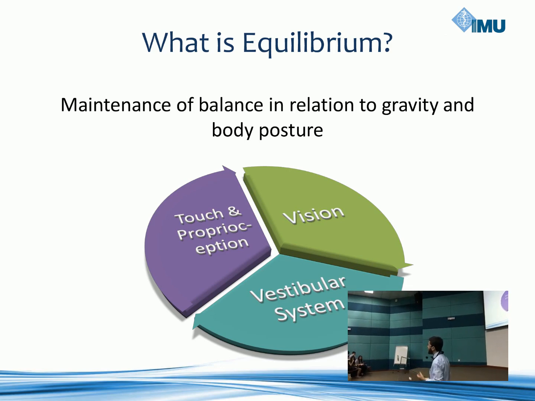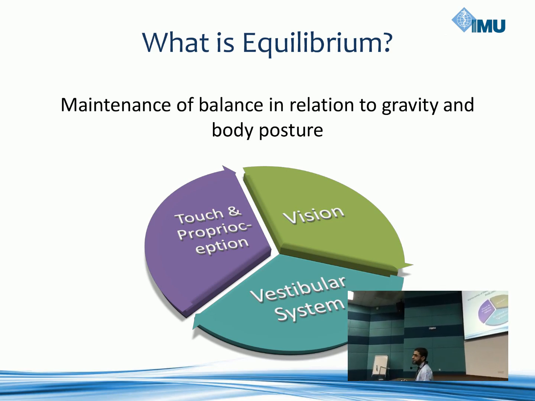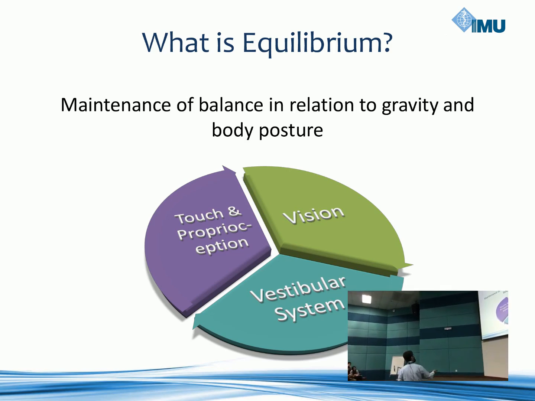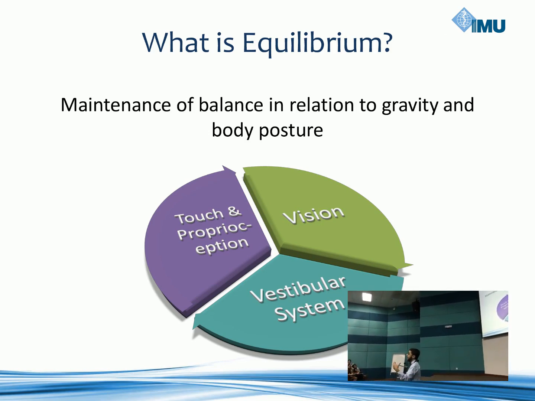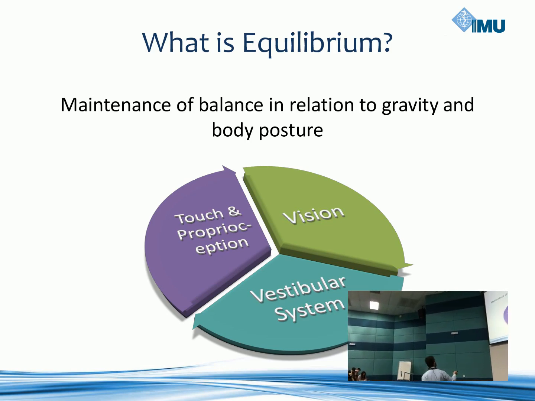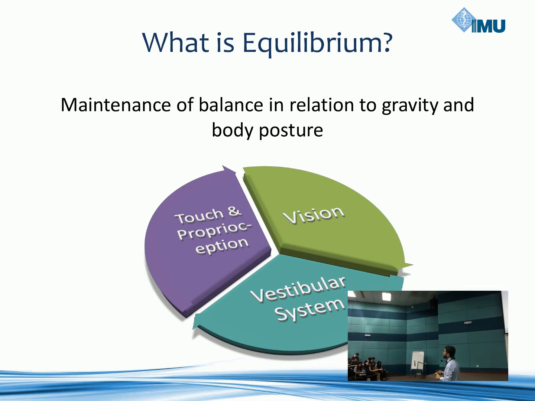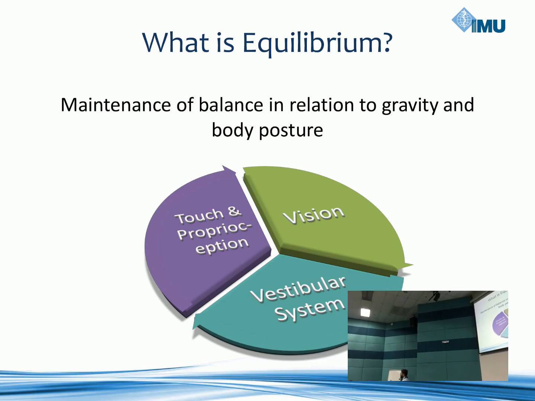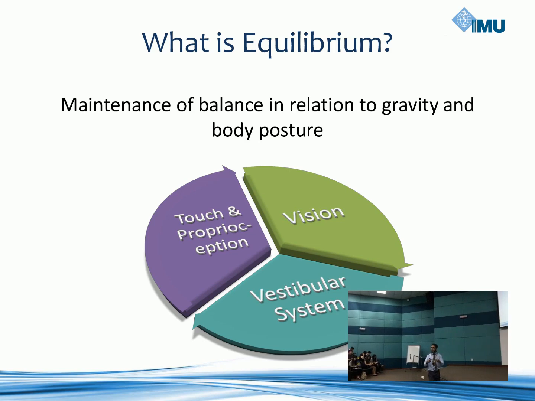The information the brain gets is from the touch receptors on the skin, the proprioception, the movement of joints, etc. Vision, because we see the environment, so the brain also gets information from the eyes about the environment. And then the vestibular system in the inner ear. Information from all these different receptors will allow us to maintain our posture according to gravity and the different movements that we perform.